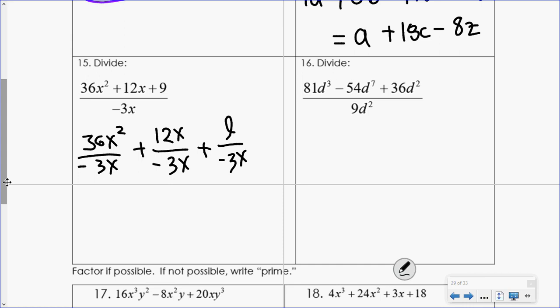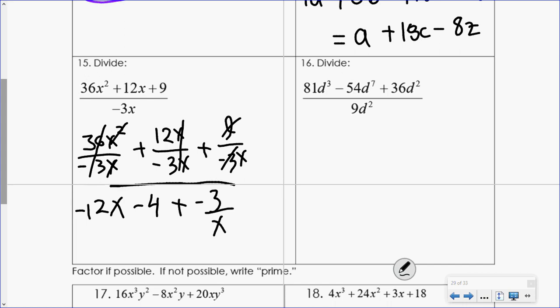So from left to right, negative 36 over negative 3 is negative 12. X squared divided by x is x. 12 divided by negative 3 is negative 4. X divided by x is just 1. Plus 9 divided by negative 3 is negative 3. And the x stays on the bottom. So you be careful, you be cautious, and you be wary.